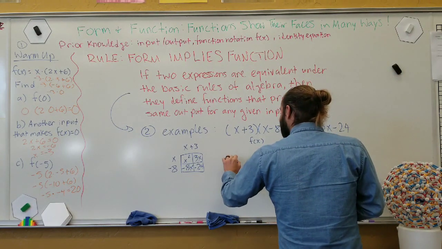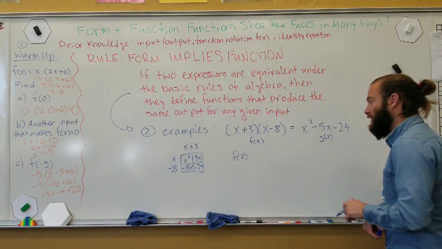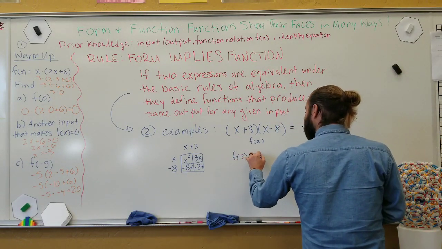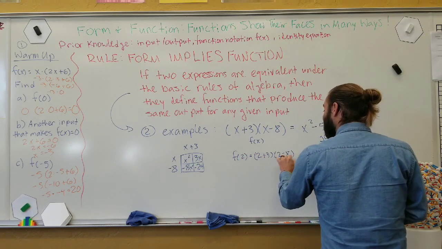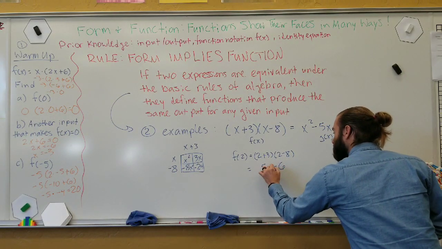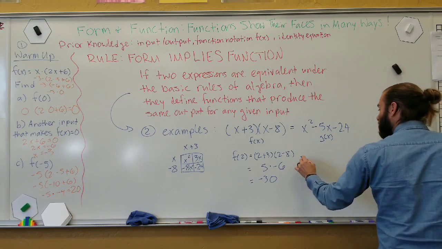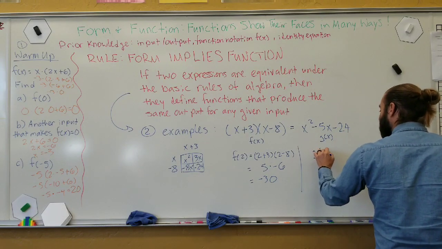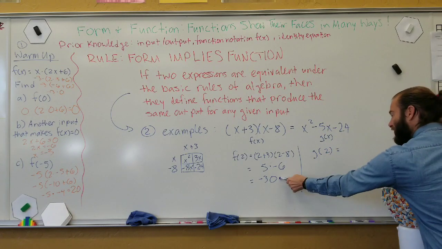Let's try f of 2 or something like that. Well, here f of 2 is going to be equal to 2 plus 3 times 2 minus 8. And that's going to be 5 times negative 6, which is going to be negative 30. Whereas this one, if I do the same input, g of 2, I should get the same output, right, as I got here.